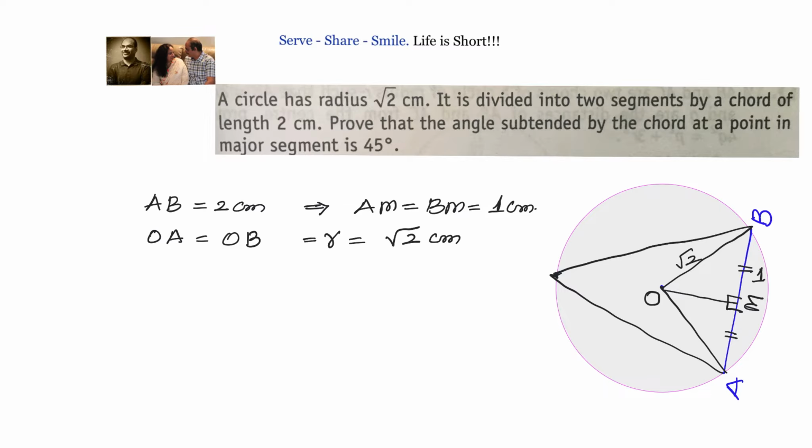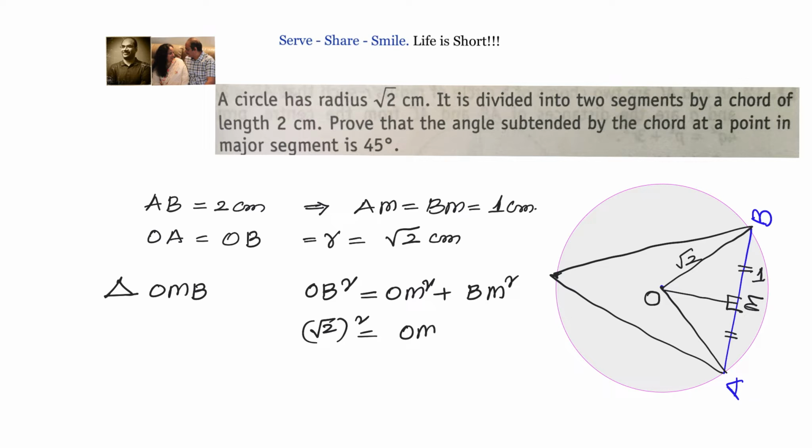Now let us find out what is the value of OM. For that we will apply the Pythagoras theorem on any one of the triangles. Let us take OMB. Hypotenuse square equals the sum of the squares of the remaining two sides. So OB square, root 2 square, equals OM square, which we don't know, plus BM square, which is 1 square.